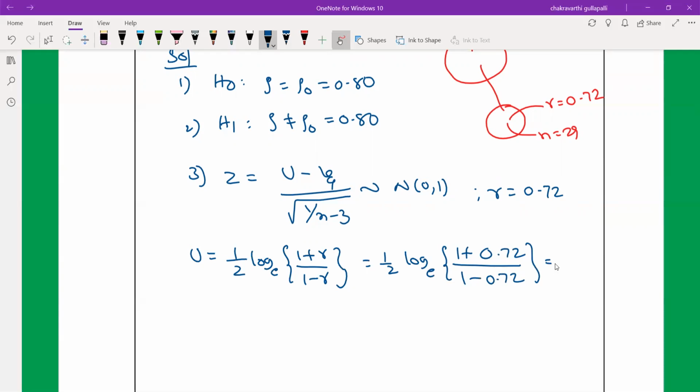By applying this, after simplification, the result is 0.907.